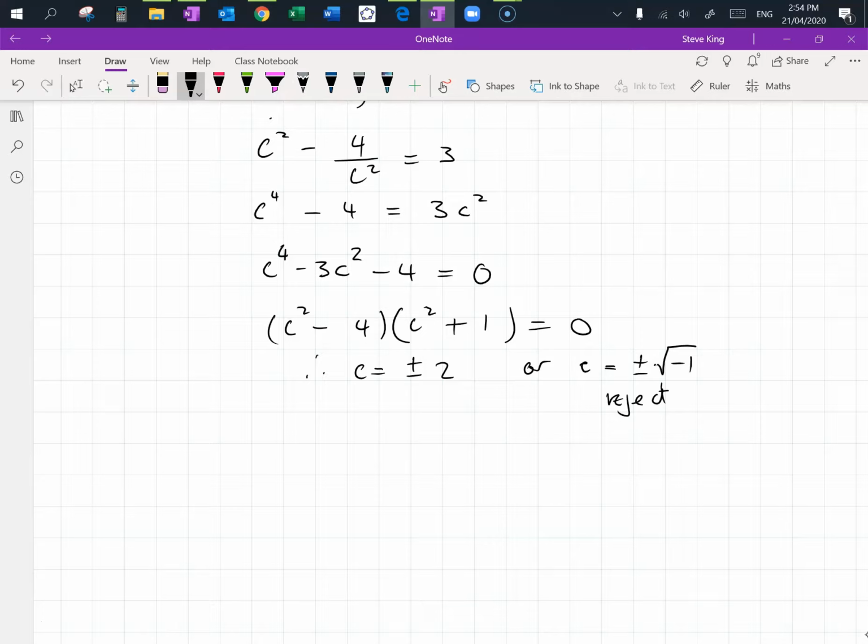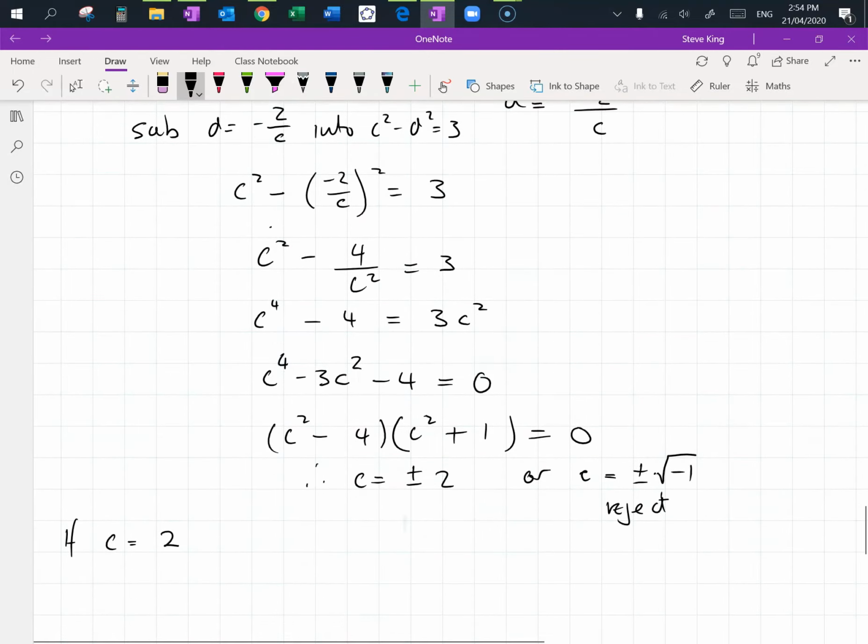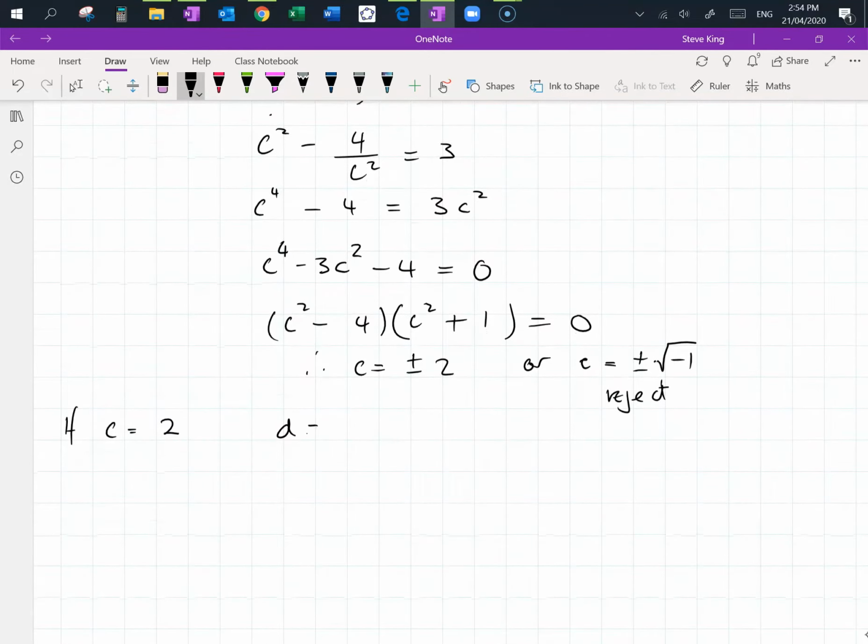So in other words, when c is equal to 2, then what did we have? We had that d was going to be minus 2 over 2, which is going to give me minus 1. And if c was equal to minus 2, then d is going to be minus 2 over minus 2, which is equal to plus 1.